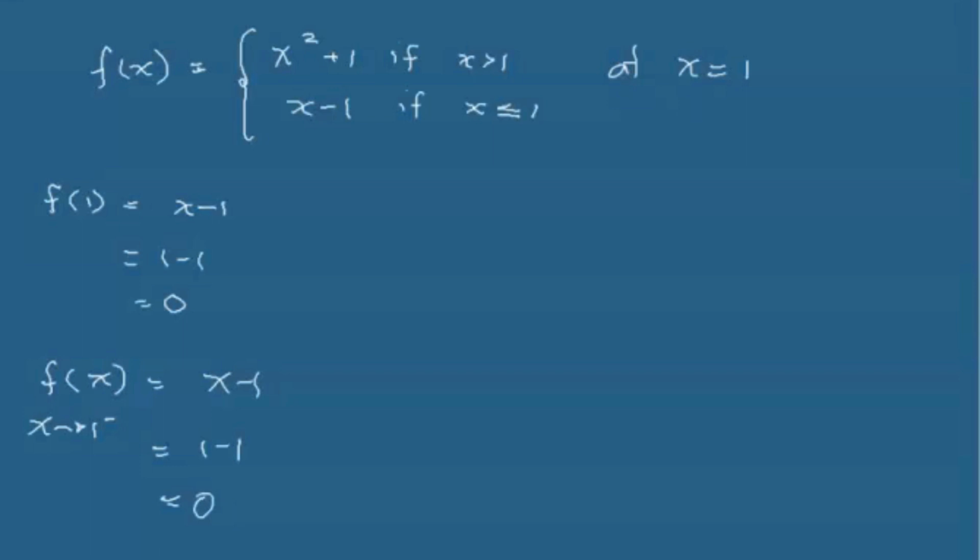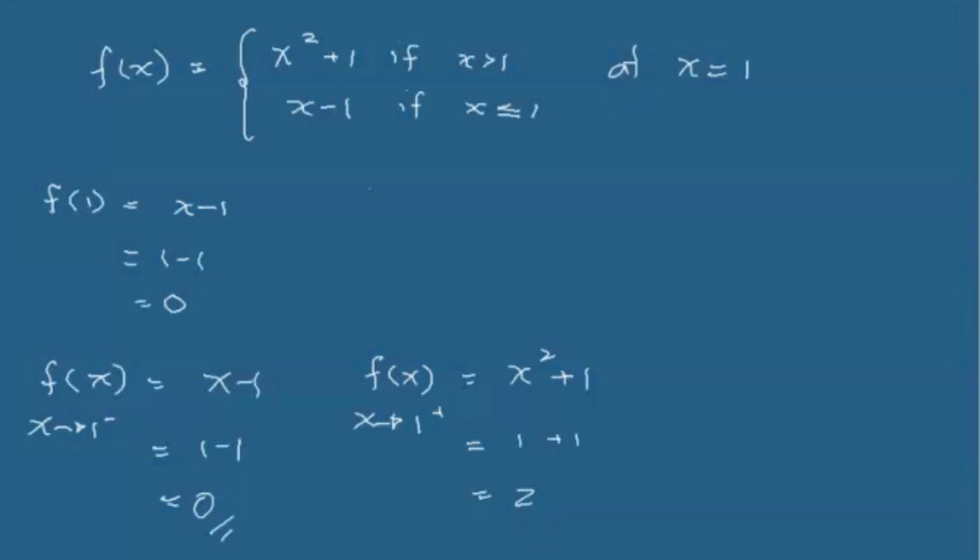Now let's have the right hand side limit. As x approaches 1 from the right, if greater than 1, we'll use x squared plus 1. 1 squared is 1, so 1 plus 1 is 2.